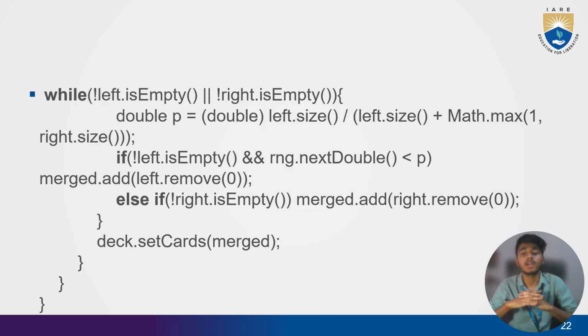Larger packets have a higher chance of contributing the next card. Realistic riffle behavior: randomly pick from the left. Generate a random number from a random method. If it's less than p, take the top card from the left. Otherwise, take it from the right side. After that, merge both of the decks to get the final result.